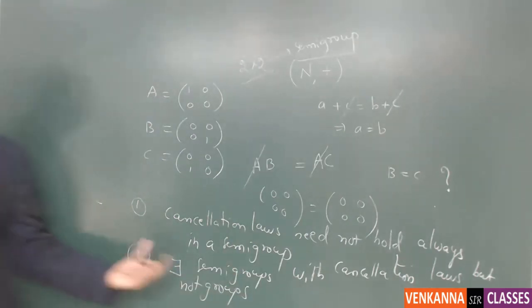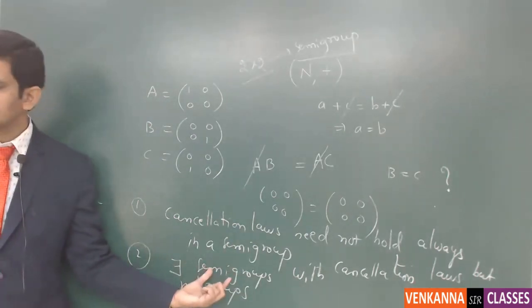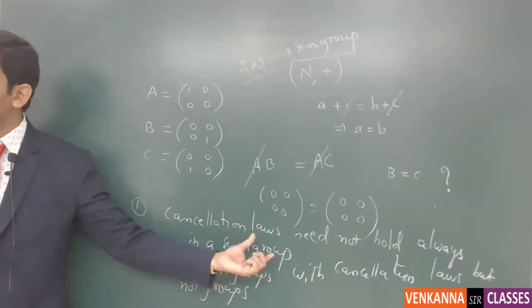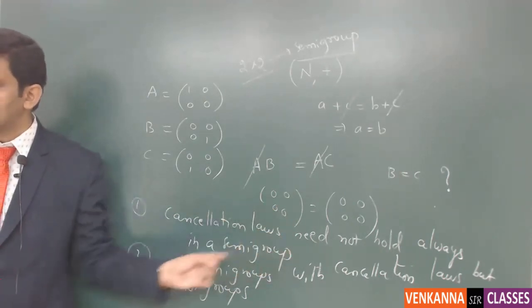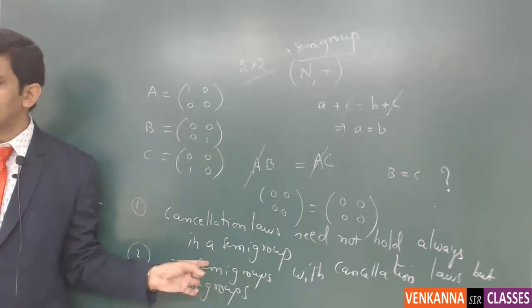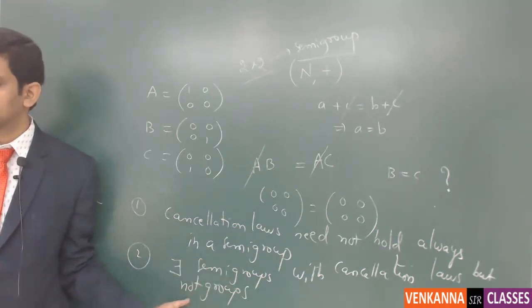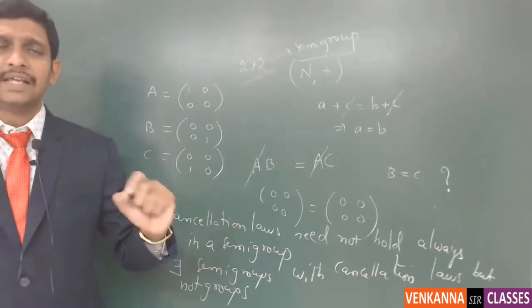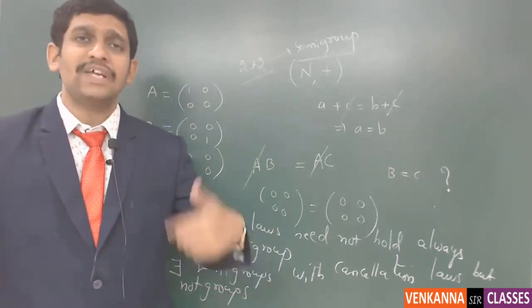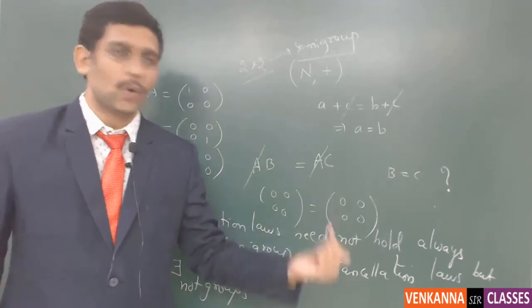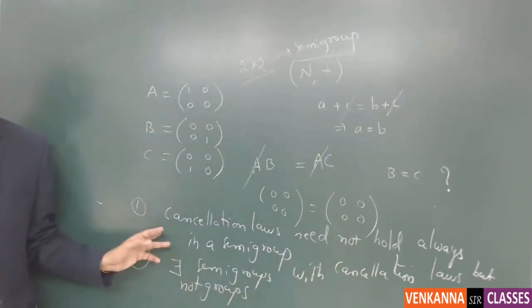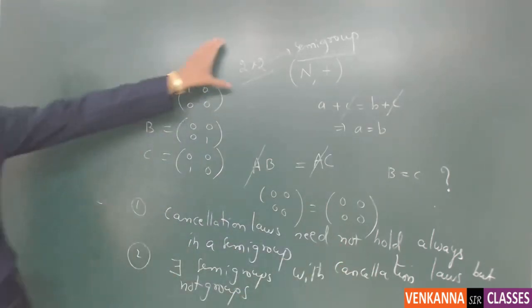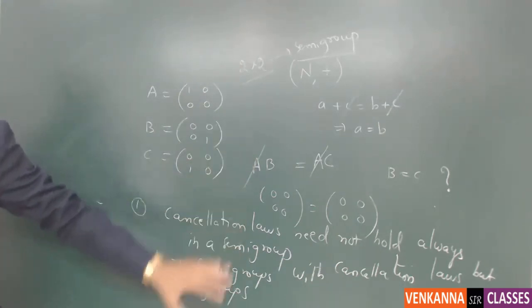So you can find some semi-groups where cancellation laws will hold, but those semi-groups are not groups. And whenever you have a semi-group, there is no guarantee that cancellation laws will always hold in that semi-group. This is one example for the discussion.